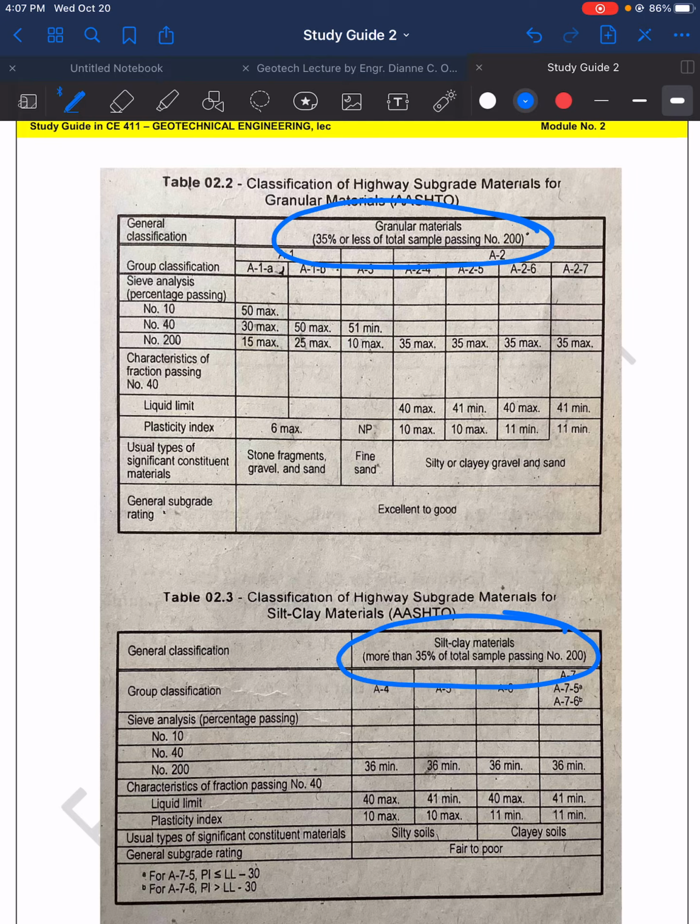And you can see that there is an instruction, it says there, 35% or less of total sample passing number 200. And for the fine-grained soil, we have more than 35% of total sample passing number 200. Okay? So that's how you start your classification.